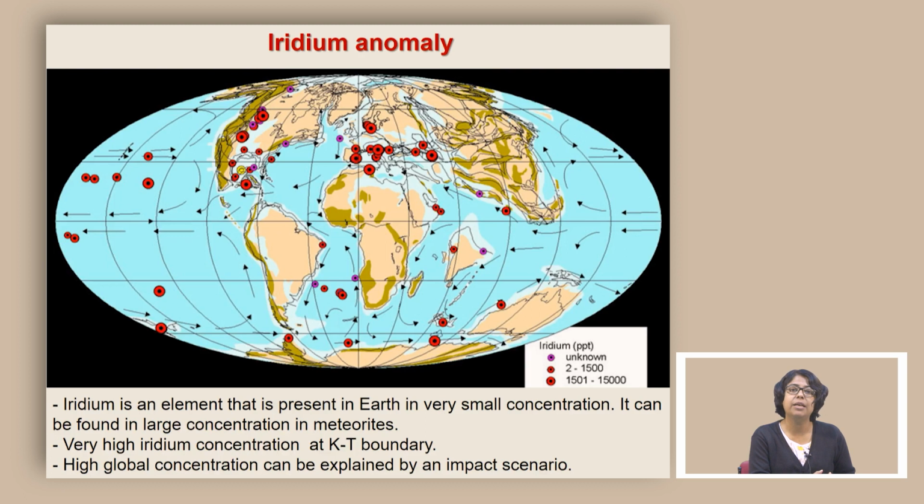Now, if such a thing happens, then we are talking about a really high impact. Do we have any other evidence of such an impact? As it turns out, there is separate evidence which also supports this hypothesis that there was an impact.